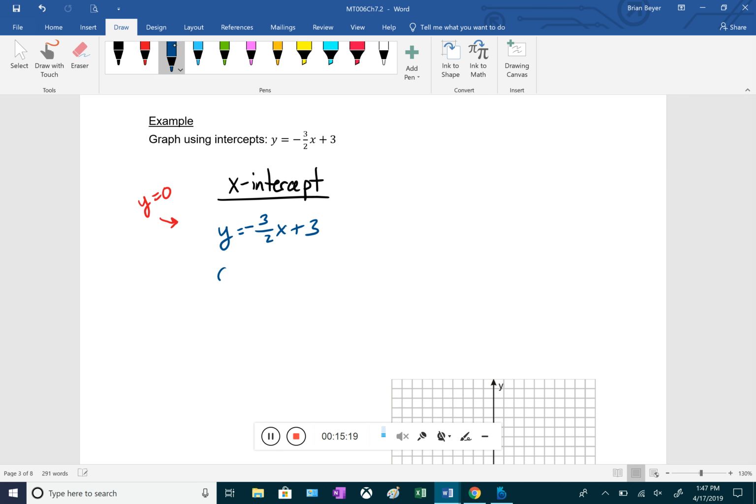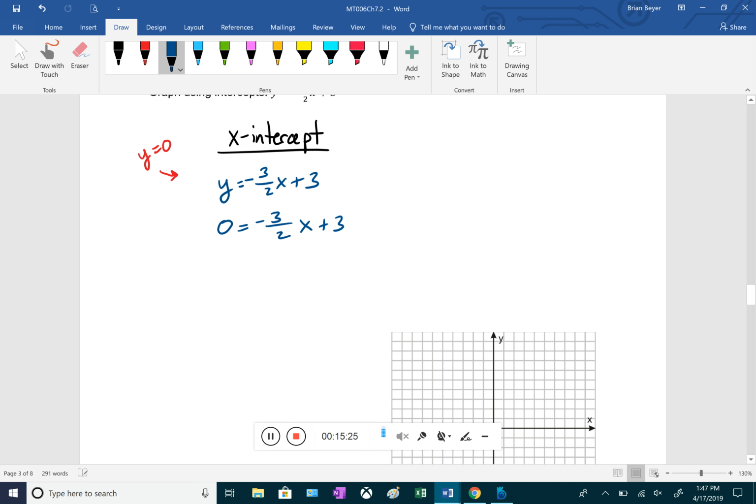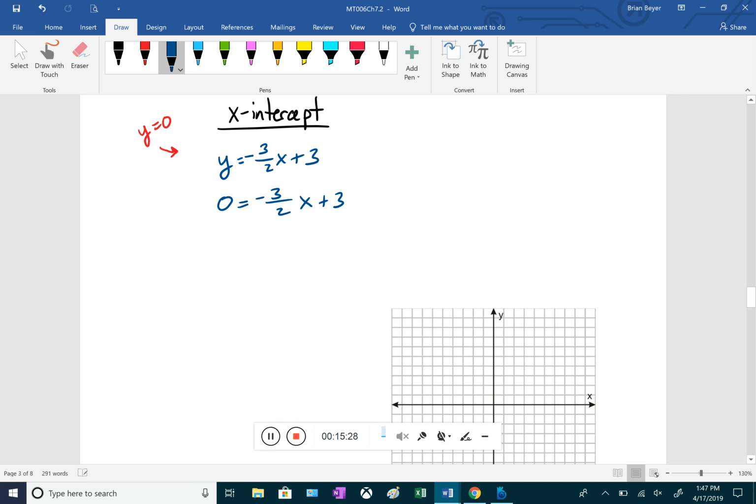So 0 equals negative 3/2 x plus 3. I'm going to add 3/2 x to both sides, so it becomes positive over here. And now we multiply by the reciprocal of 3/2. So multiply both sides by 2/3. That's going to give us x equals 2.